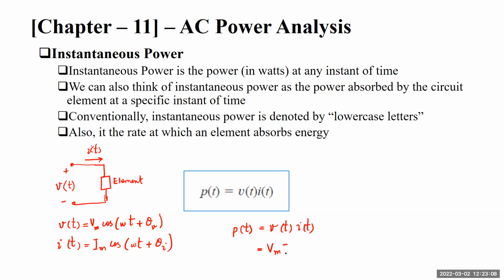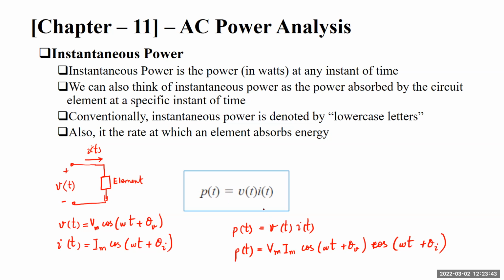It becomes Vm Im cos of omega t plus theta v times cos of omega t plus theta I. So this power is a function of time, and this power is basically called the instantaneous power across this circuit element. Instantaneous power is generally denoted by lowercase letters, so your textbook uses lowercase letters for this case.